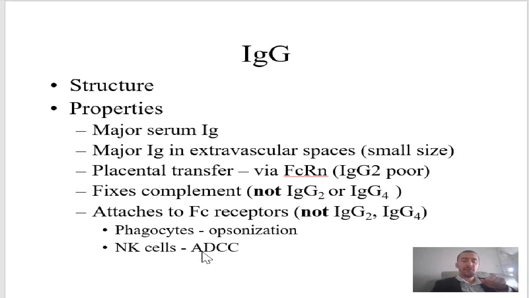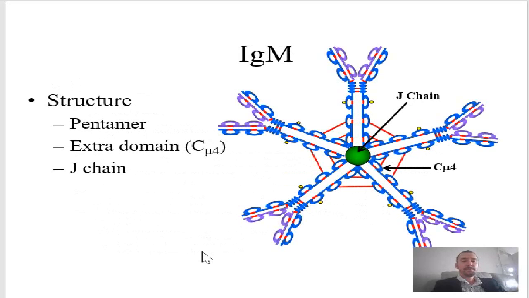For instance, IgG2 is fairly poor at fixing complement, and IgG4 cannot activate complement. In terms of attachment to Fc receptors, IgG2 and 4 are poor. IgG is also useful for opsonization of phagocytes and for antibody-dependent cell cytotoxicity, by binding the Fc receptors on natural killer cells.